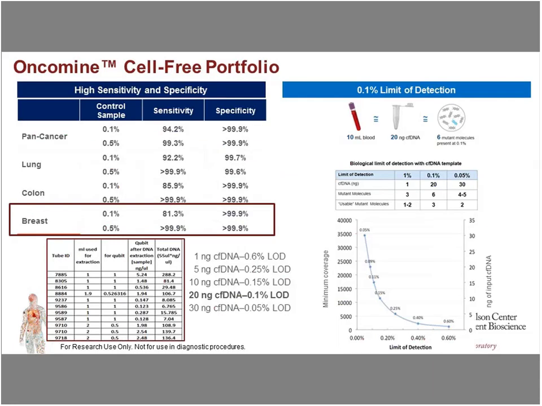The lower limit of detection is the lowest allelic frequency of variants that can be detected with this assay. With a proper isolation, 10 mL of blood should be able to provide at least 20 nanograms cfDNA. The biological limit of detection of 20 nanogram genetic material is 0.1% with 6 mutation molecules presented in cfDNAs.